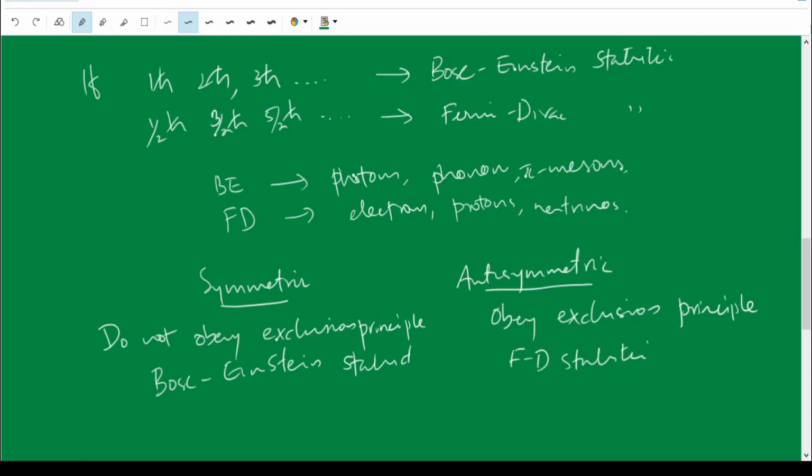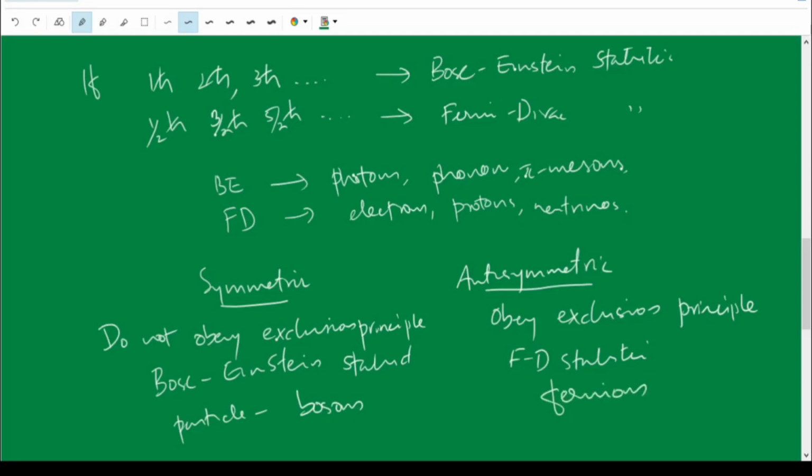Okay, so the particles obeying BE statistics are called bosons, and the particles obeying FD statistics are called fermions.